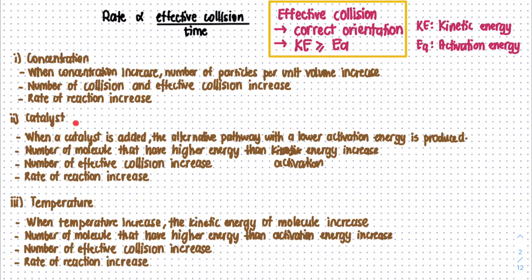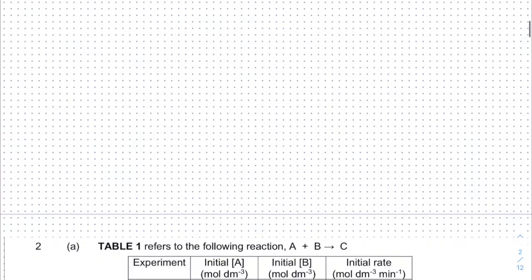So for the catalyst and temperature, you have to mention KE is higher than EA. But for concentration, you have to mention this explanation, and the number of collisions and effective collisions increase. Because it is an explain question, you need to give more points. Okay, so that's for question number 1.